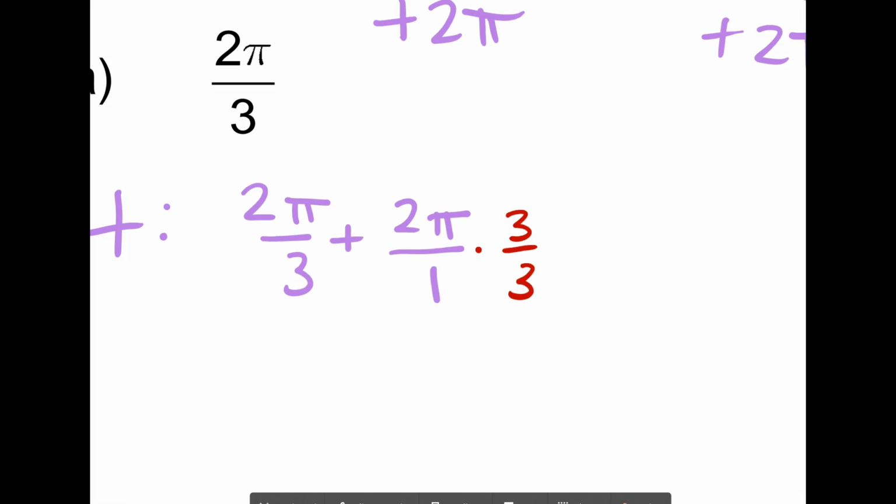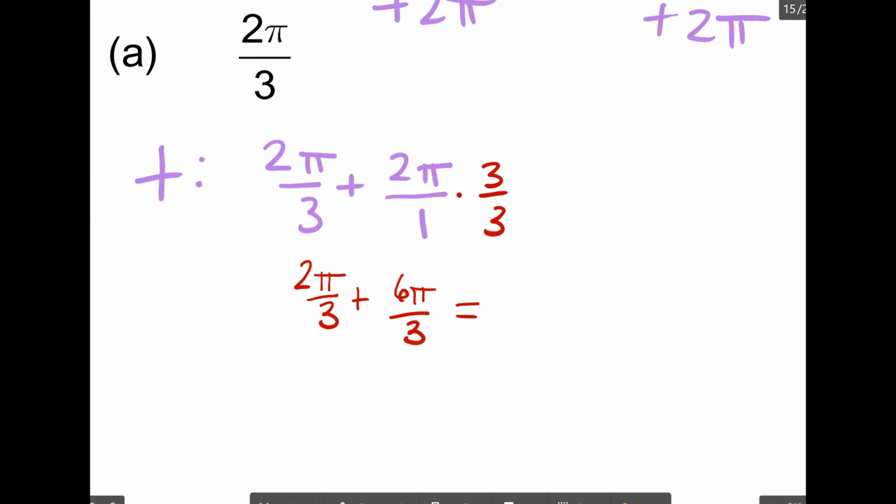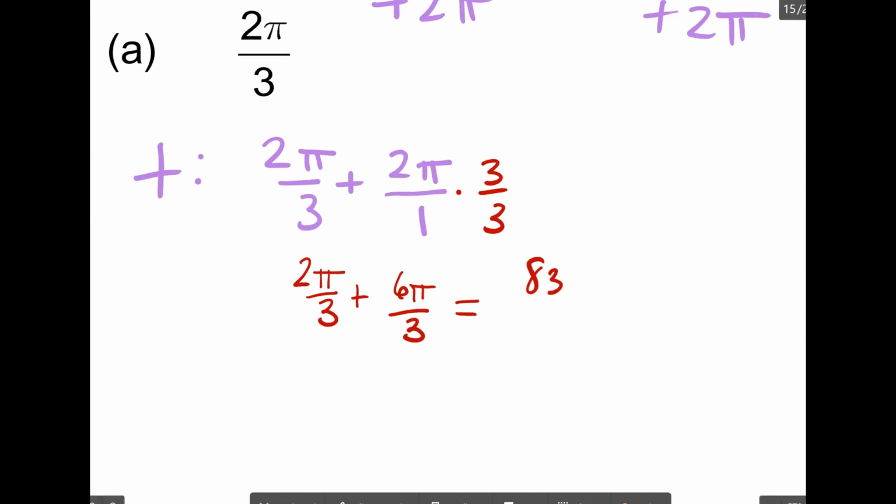So I'm not really changing the problem, I'm just multiplying by 1. So this means 2 pi over 3 plus 6 pi over 3. And now when I add them, Ethan, you want to finish out the problem? Yep. Can I reduce that at all? Nope.